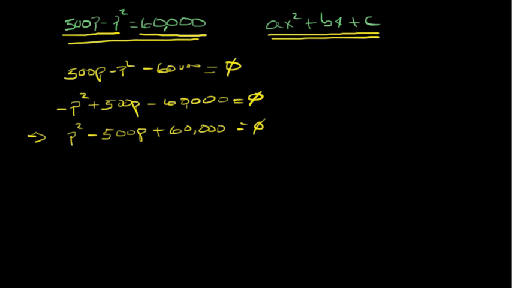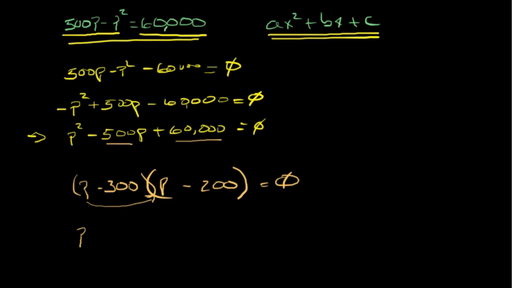Okay, now that it's in a quadratic equation, you can do two things. If it's a perfect square and it works out, then you can solve that way. It would be what two numbers times each other will come to 60,000 and add up to negative 500. And this is the format. Remember, you would put it into, you know you're going to have a p by FOIL. That would be p squared. And so what are the two numbers? Well, it's going to turn out to be negative 300 and negative 200 equals 0.